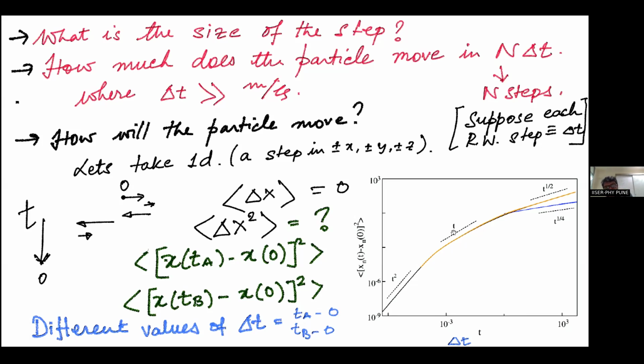So you can figure out when MSD, mean square displacement, changes as t. It is here that it is random motion, diffusive motion, random walk motion. Here it is correlated motion.